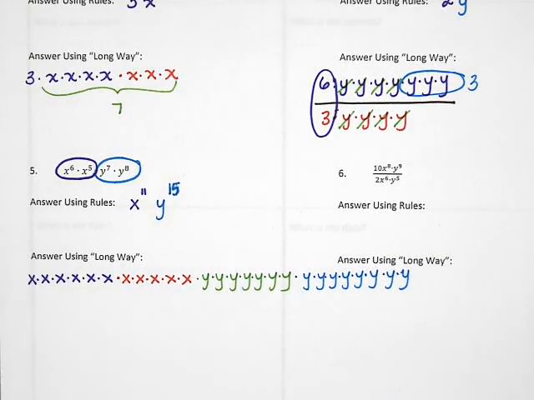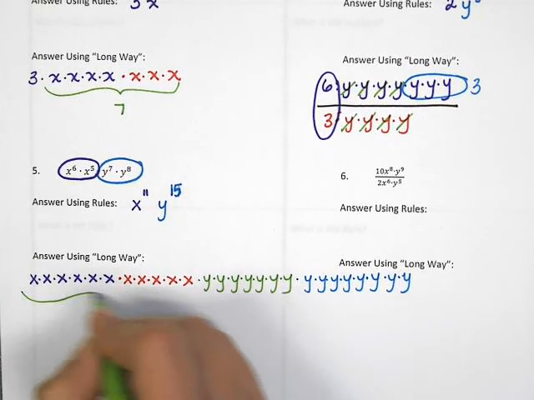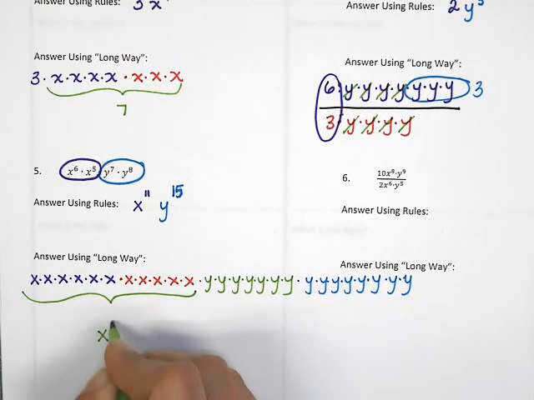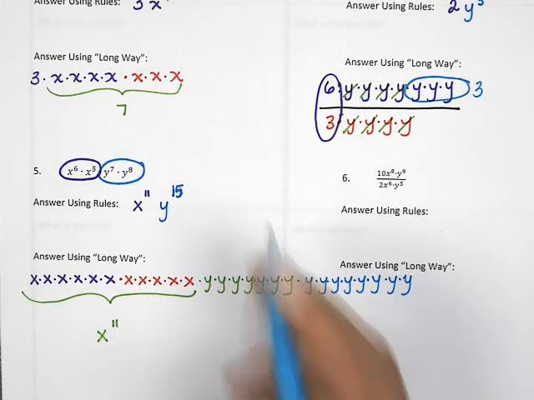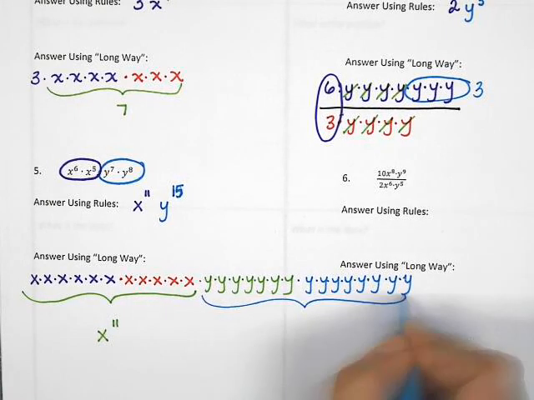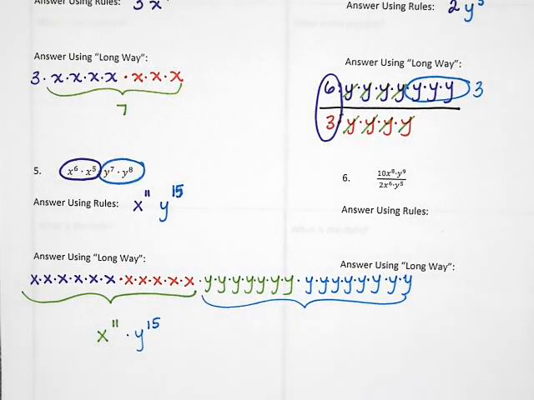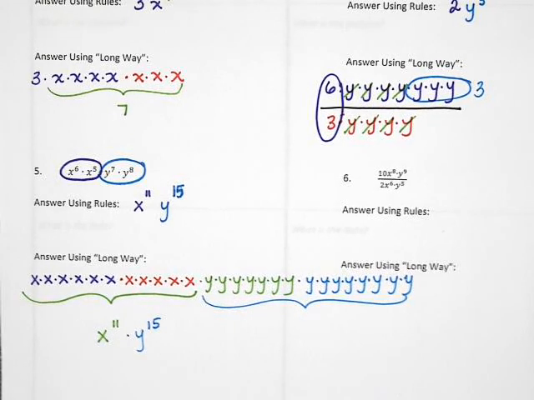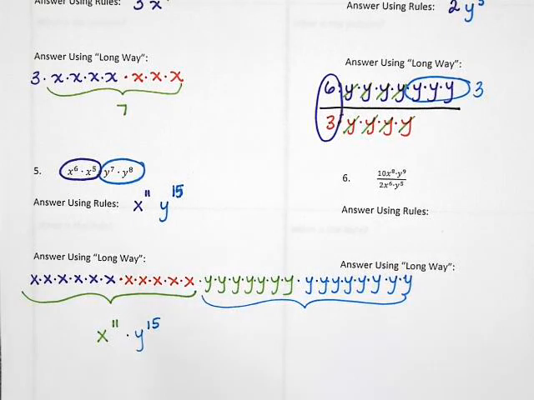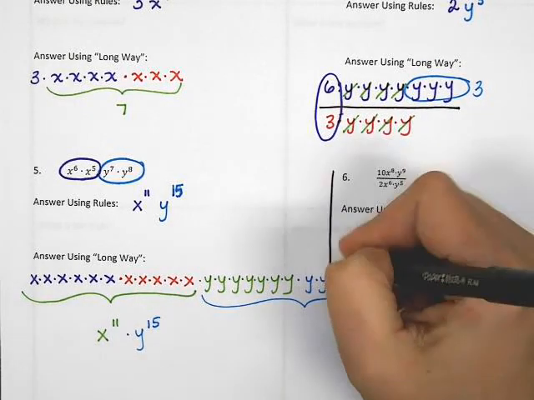Oh my gosh, so many. Now if I simplify the first part, these all combine to make x to the 11th, and these all combine to make y to the 15th. And that is why we have rules, because that doesn't seem like a good strategy to use regularly. It seems like that would take a really long time.